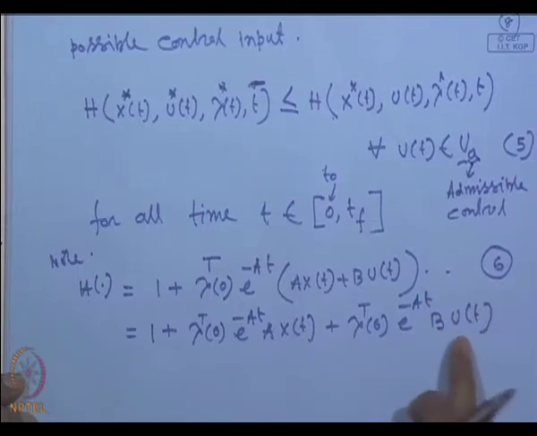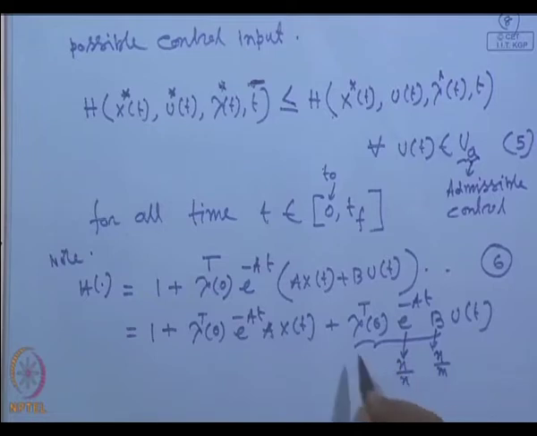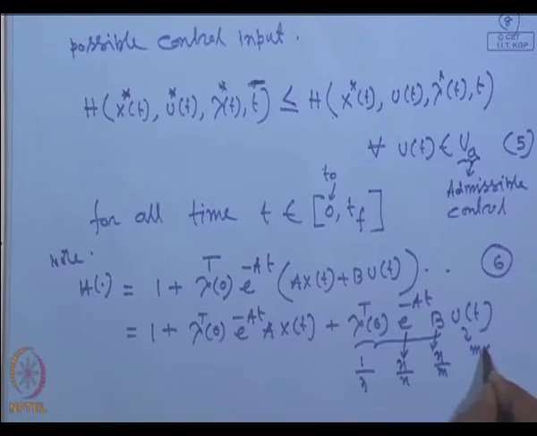So, we have a choice with u of t now. Suppose this quantity is positive. What is this quantity? B has dimension n by m, this dimension is n cross n, and this dimension is 1 by 1. So, this is a row vector with 1 row and m columns, and this is a vector with m rows and 1 column.